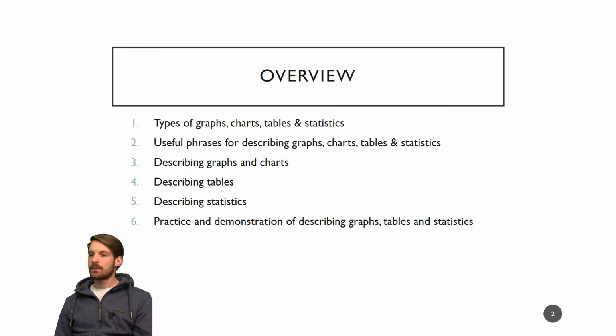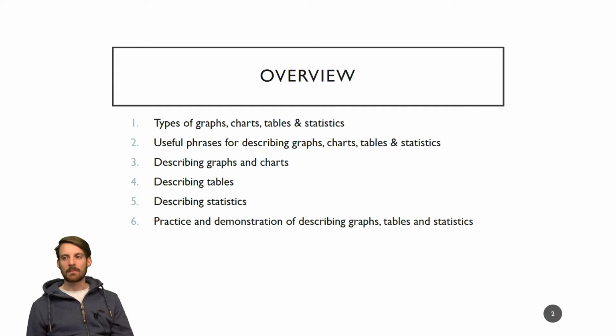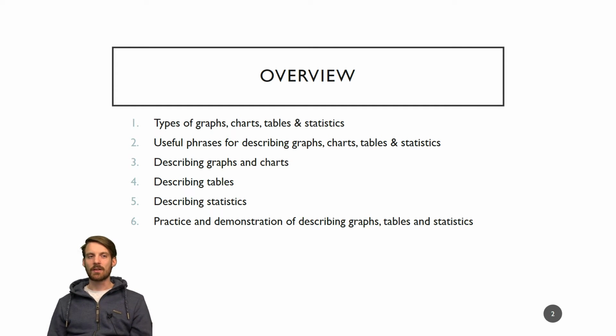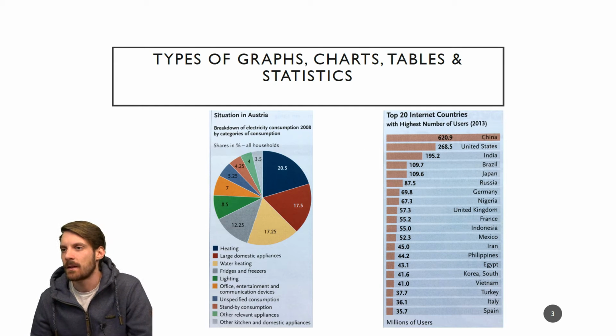Then we're going to describe graphs and charts, then tables, and then statistics, and at the end, practice and demonstration of describing graphs and tables, which I try to do as best as I can.